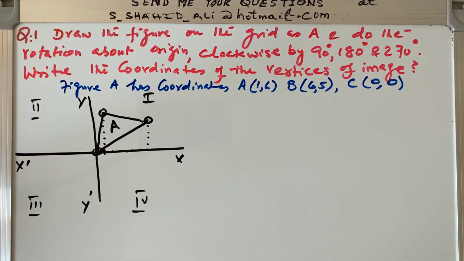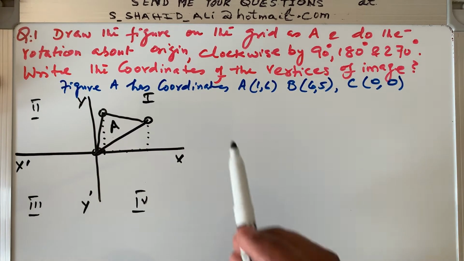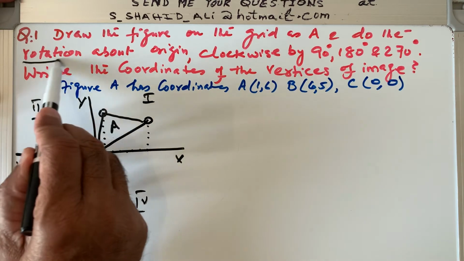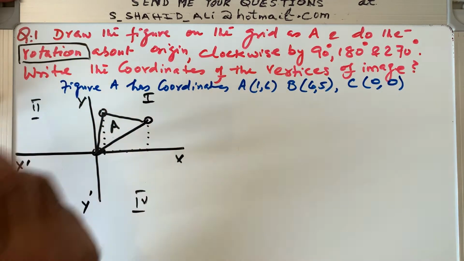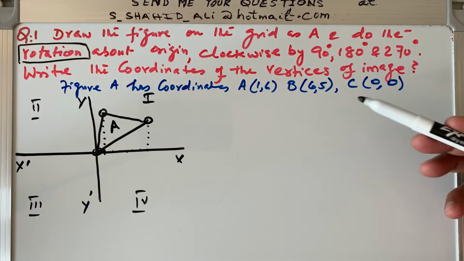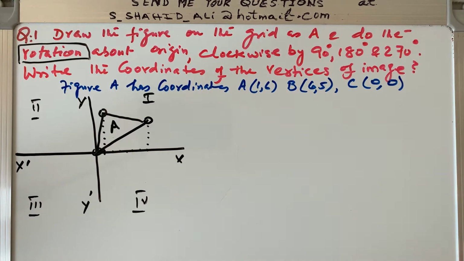So to do this question, there are certain rules to rotate. Rotation about origin by 90, 180 and 270. If you remember the thumb rule, you can rotate the picture or figure or shape very easily.